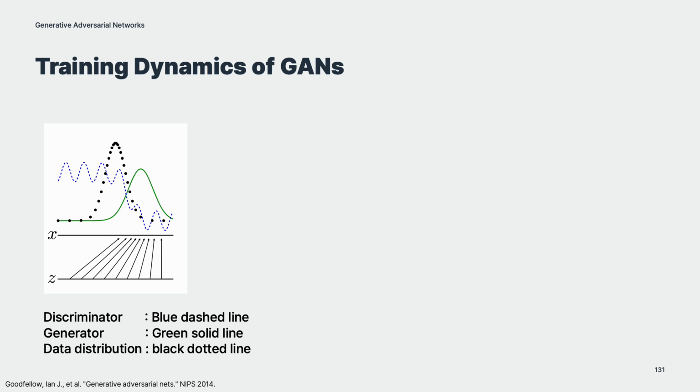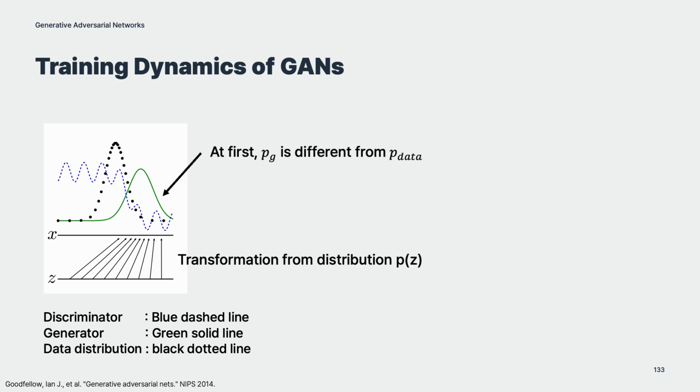This diagram illustrates the training process of a GAN. We have latent space Z and data space X. The green solid line represents the generator, which maps Z to X. Initially, the generator's output distribution is far from the true data distribution, which is shown as the black dotted line.